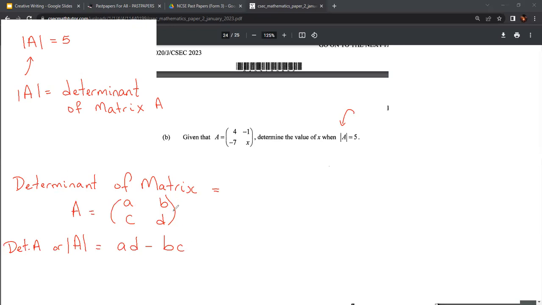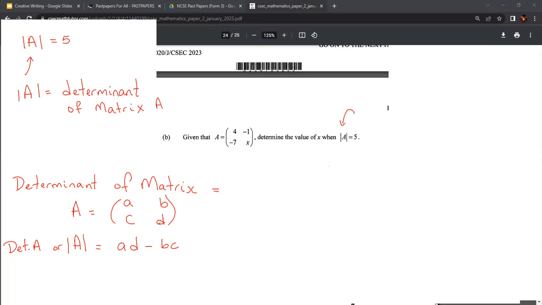Right? So if you're given a matrix, you could label A, B, C, D above. It doesn't matter. Some textbooks might have it like this, where they have A, B here, and then C and D here, but it doesn't matter, right?